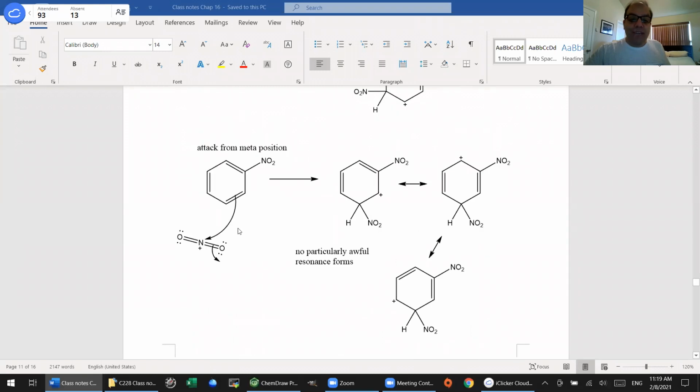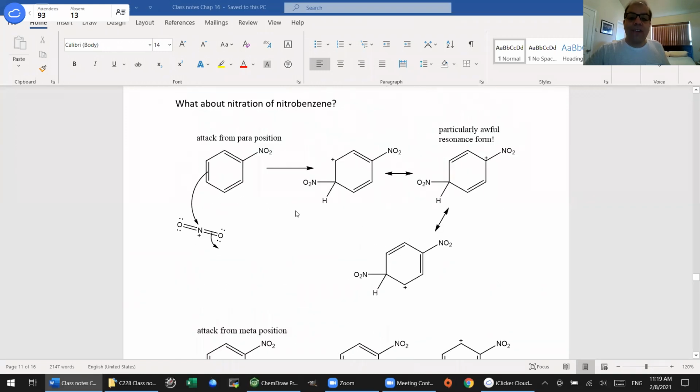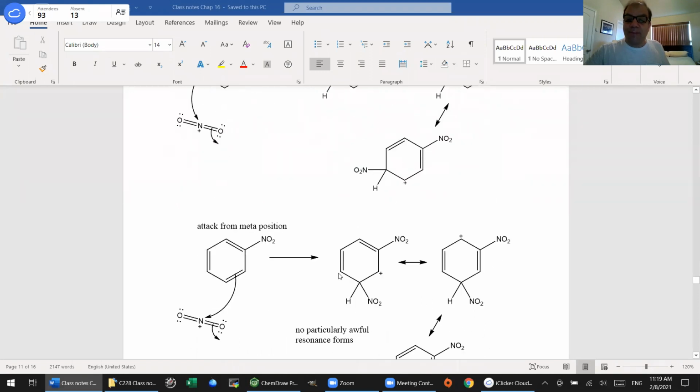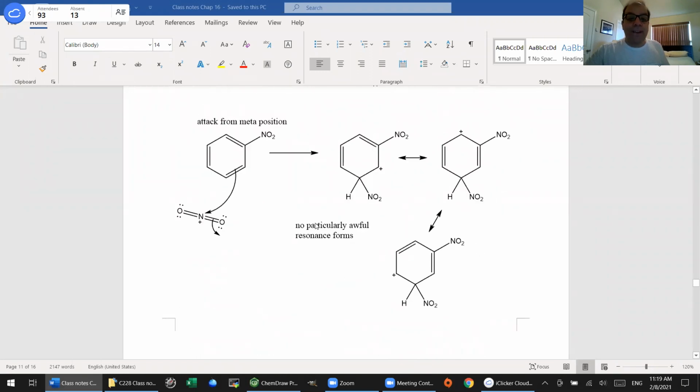If instead we attack from the meta, I should also mention, if you see what would happen if you attack from the ortho position, I predict you'll find something very similar, that one of the 3 resonance forms is particularly bad. As long as we attack from the meta position, then at least we're never putting any partial plus charge right next to that nitro group.